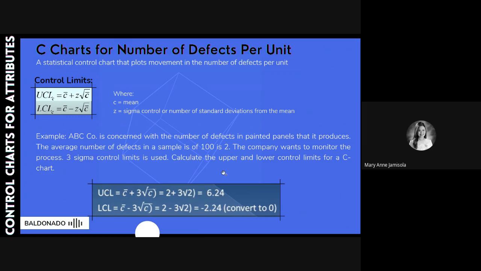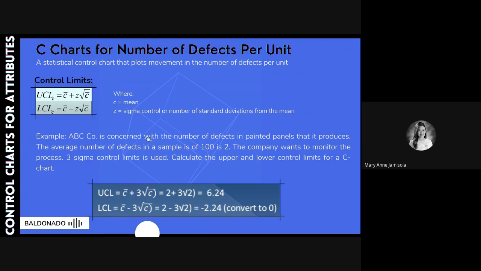Again, this is just for academic purposes, but for our exam, I will not be asking you to compute the upper control limit and the lower control limit. I will simply give you the values and then you are to determine whether such process, quality of the product or service is within control or out of control. So let's have an example here.